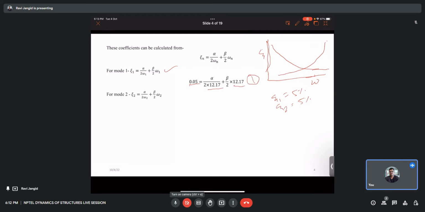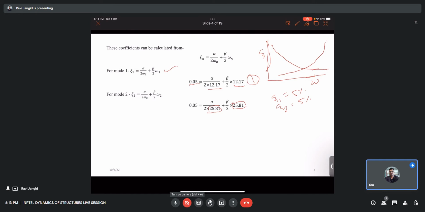Okay, for mode 2, the same equation: xi 2 is equal to alpha by 2 omega 2 plus beta omega 2 by 2, and I put in the values of damping. So that is 0.05 is equal to alpha by 2 omega 2 plus beta omega 2 by 2, where omega 2 is 25.81.